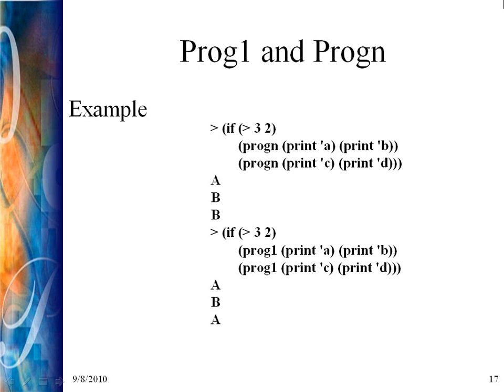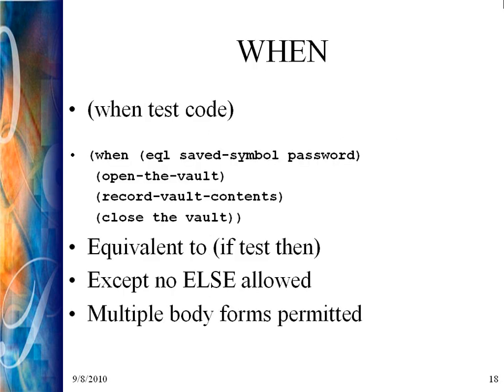Now, there's a special form of if called when, which basically only has code if the test is true. If the test is false, you just return nil, that's it. That's the test form, and then as many result forms as you like.